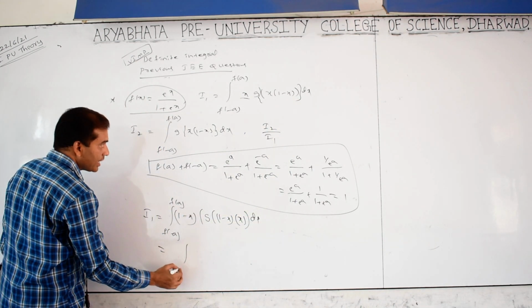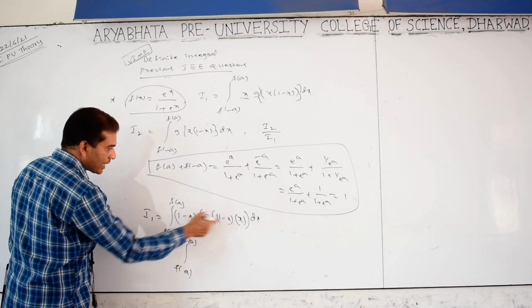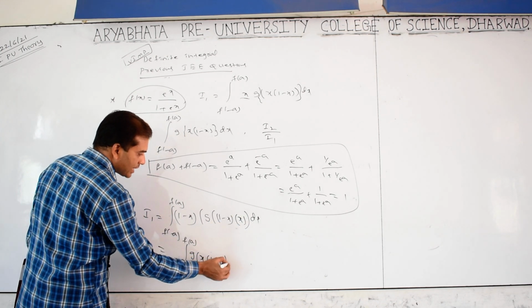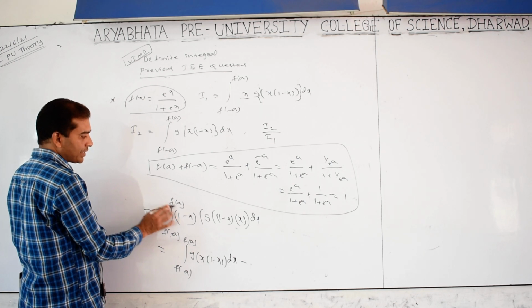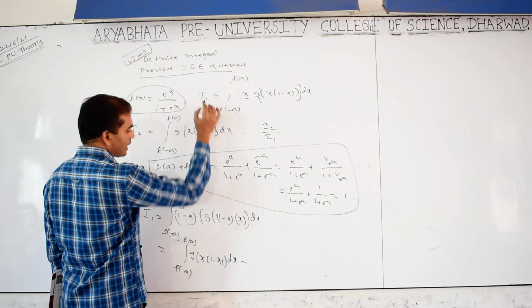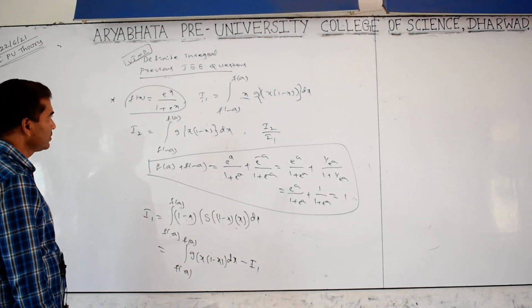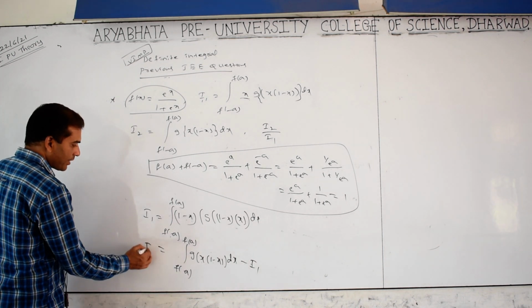Splitting here, integration of f of minus a to f of a, 1 into g of x into 1 minus x dx, minus integration of x into g of x into 1 minus x dx, which is I1.